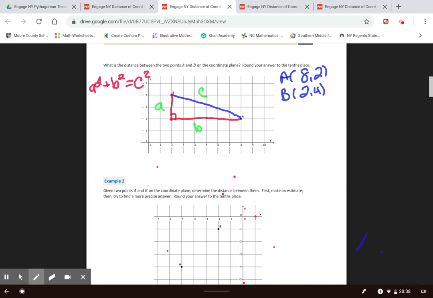So let's start with a, which is 1, 2. So that's going to be 2 squared plus my horizontal distance in b, which is 1, 2, 3, 4, 5, 6.